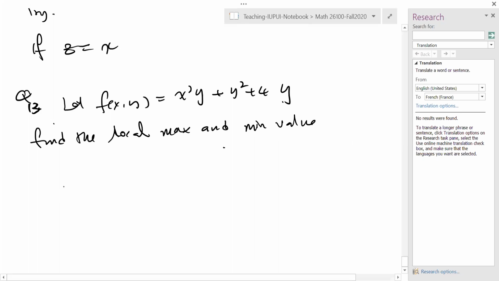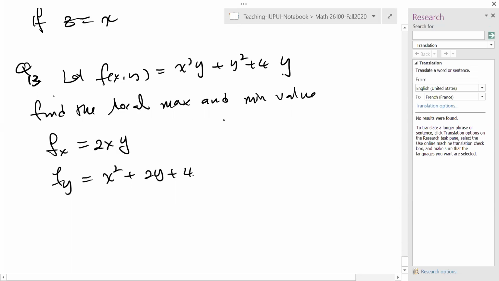So first of all, you find the critical points. You partially differentiate the function with respect to x and you get 2xy, and that's it, there's no other x. The partial with respect to y is x squared plus 2y plus 4. You set these to be 0 to get critical points.